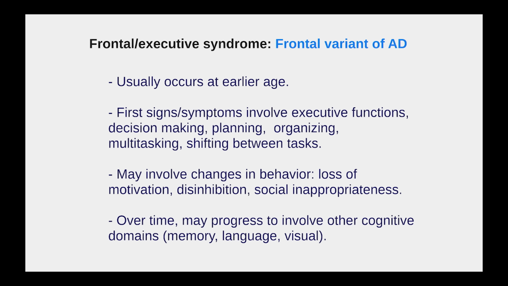Alrighty. So the last variant we're going to talk about today, but not the least, is the executive syndrome, or the frontal syndrome. This is a variant that also occurs at earlier age, and it affects the front part of the brain, which we haven't talked about yet. The front part of the brain is responsible for a lot of really important day-to-day things.